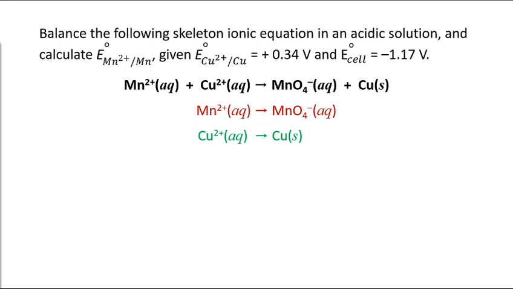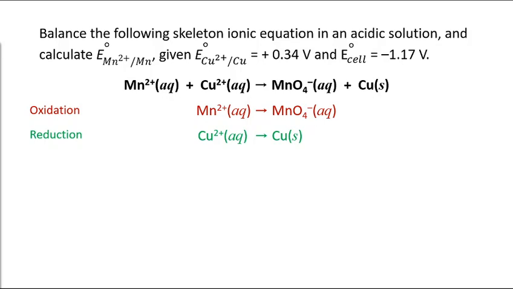To end up with a negative 1 overall charge, your manganese has to be 7 plus. Going from 2 plus to 7 plus, your manganese is oxidized. On the other side, your copper 2 plus becomes copper solid, which has an oxidation state of 0. Going from 2 plus to 0, your copper is reduced.